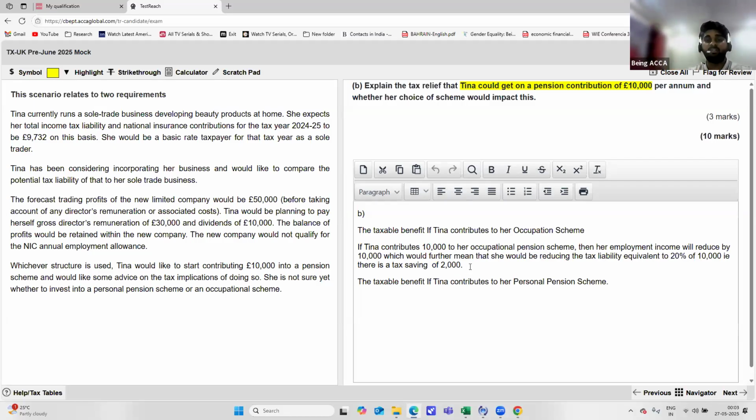Over here also, in the occupational scheme she's getting a saving of 2,000. Even if she contributes via personal pension scheme, she's getting a benefit of 2,000. So technically, she can choose any relief that she wants to. Is this clear, guys?